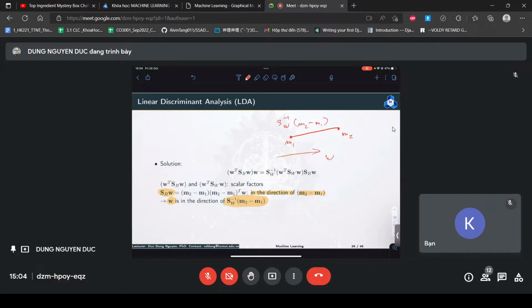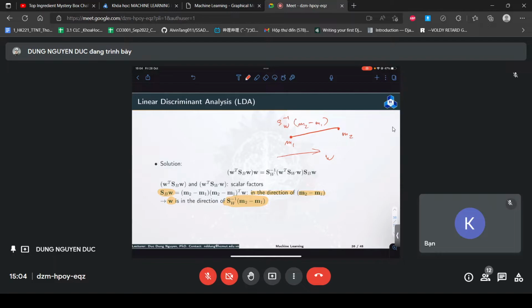It's just that simple. The value of W is not important. The direction is more important. You can scale W by any factor. That's all right, it doesn't matter.